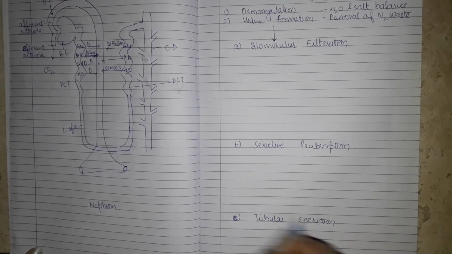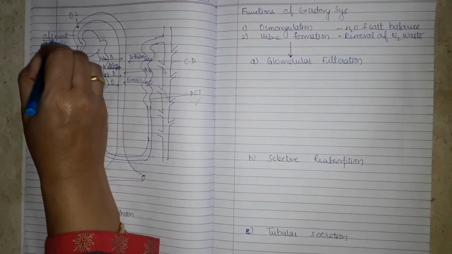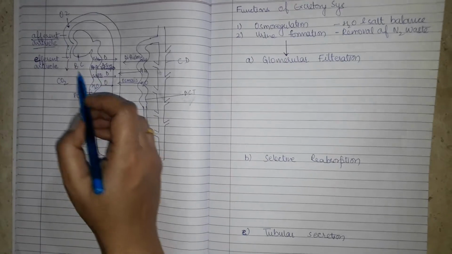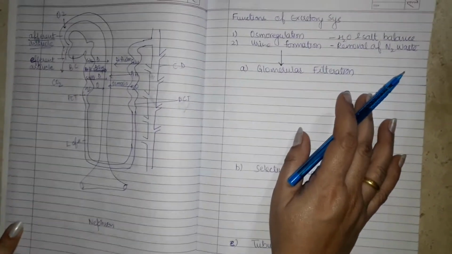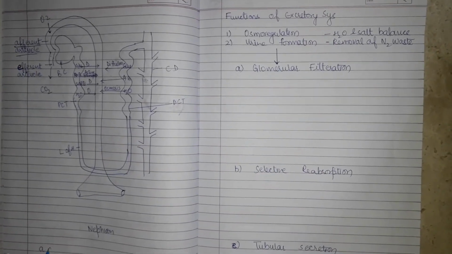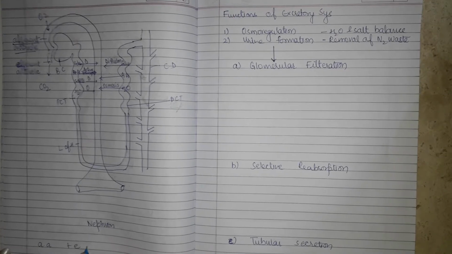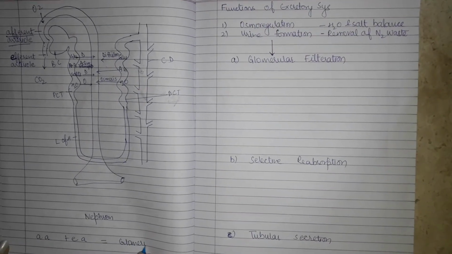The blood vessel which brings in oxygenated blood is called the afferent arteriole. The blood vessel which takes away the deoxygenated blood from the nephron is called the efferent arteriole. Afferent arteriole plus efferent arteriole, they are called the glomerulus.